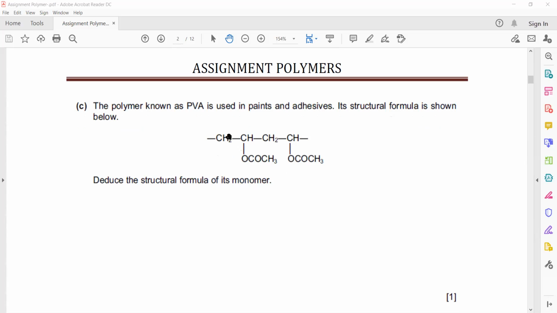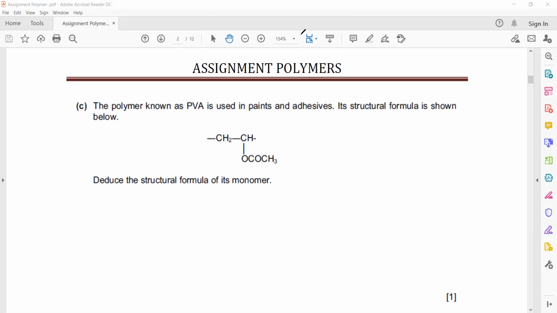What you will do, just take two carbon atoms out of the structure and hide the rest of them. So if I hide the rest and only take two carbon atoms from the structure, what I'm left with, that is the monomer.